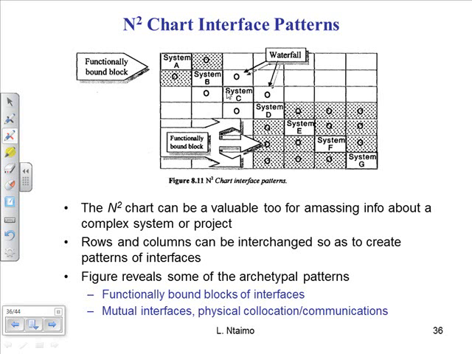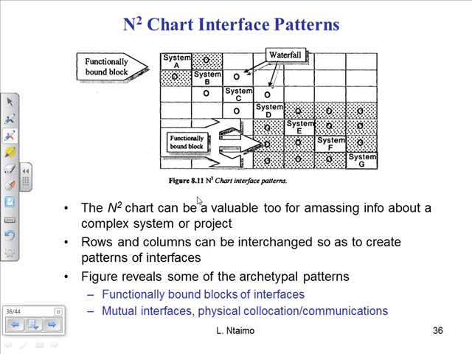So if I see that this is going to be my design, then I have to be careful how I design system C. In case system C fails, maybe I need to have a backup, right? So I'm just looking at the n-squared chart. It means that this may be a critical system because it's allowing for interaction between two different parts of the entire system of systems. So that information is revealed to me just by looking at the n-squared chart.